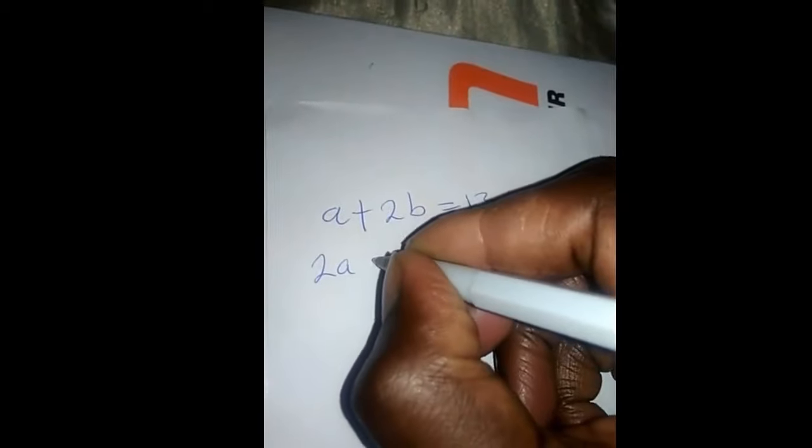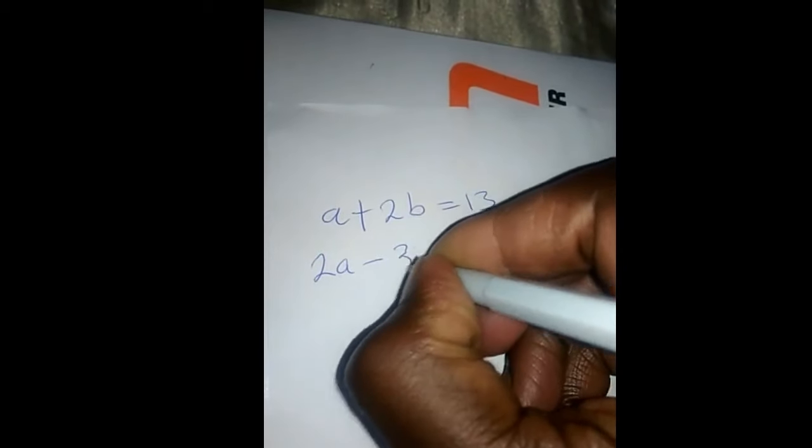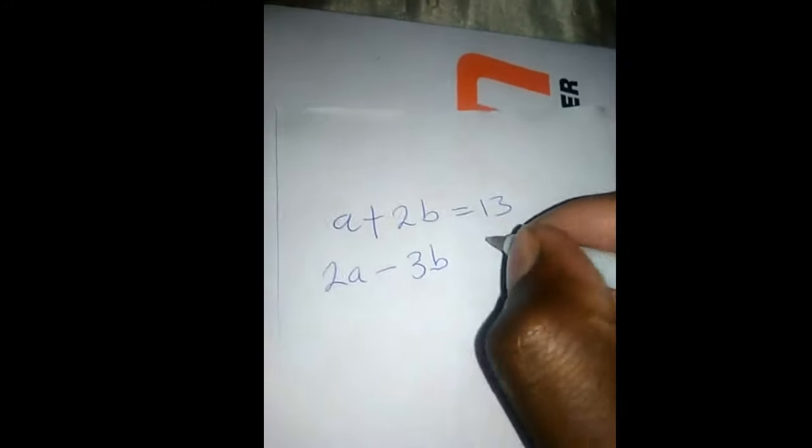Now, I want to solve the last one. Let me have this one. a plus 2b equals 13, and 2a minus 3b equals 5.